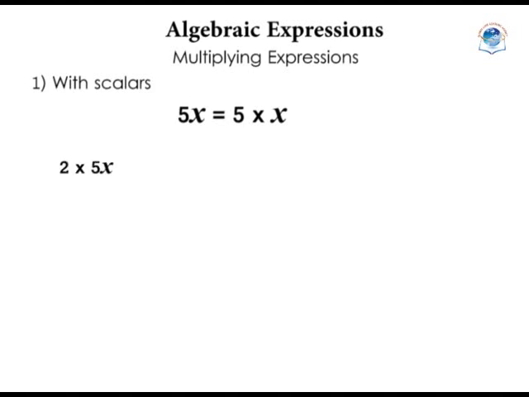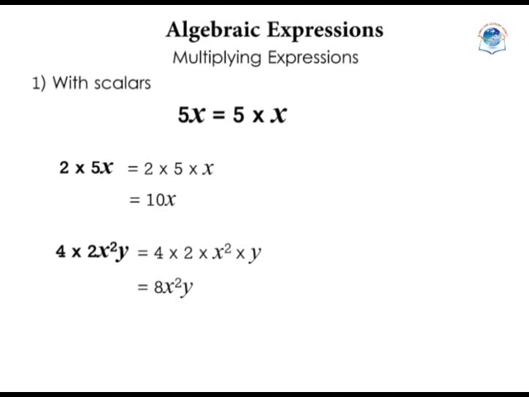So 2 times 5x simply means 2 times 5 times x, which gives us 10x. 4 times 2x squared y simply means 4 times 2 times x squared times y, which gives us 8x squared y. And so when multiplying an expression with a constant, it simply increases the coefficient of the term. So a half times 4x squared is equal to 2x squared.